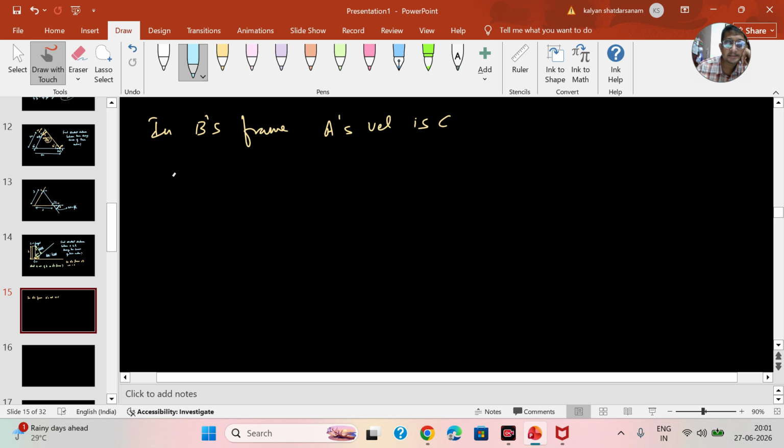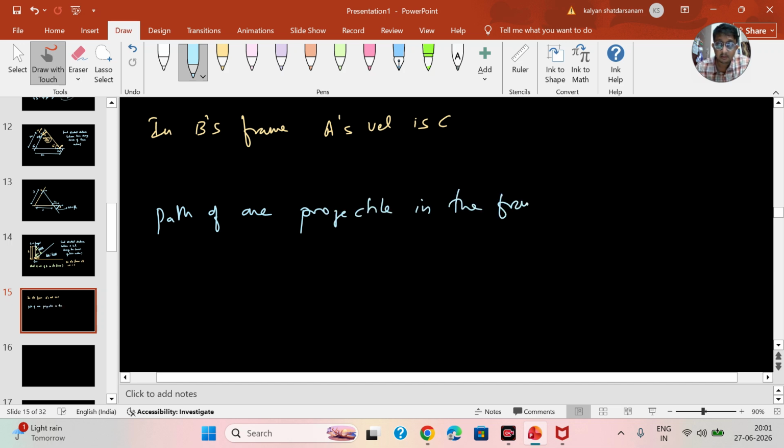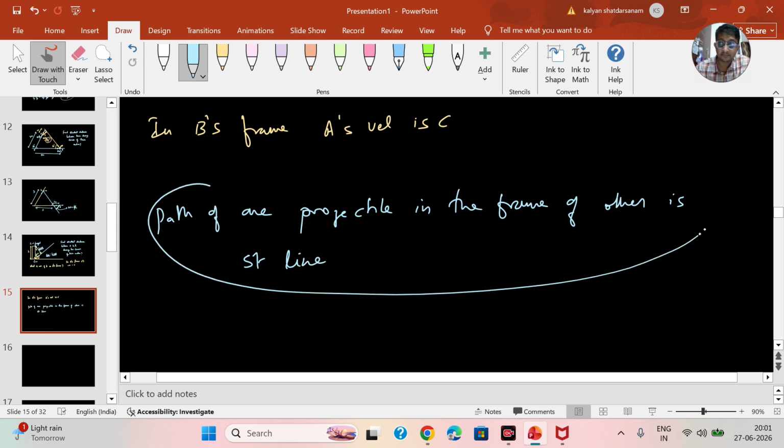So point is, you can do this relative velocity thing for accelerations also. Now, a very important point here is that the path of one projectile in the frame of other is a straight line. This is what we found from this analysis.